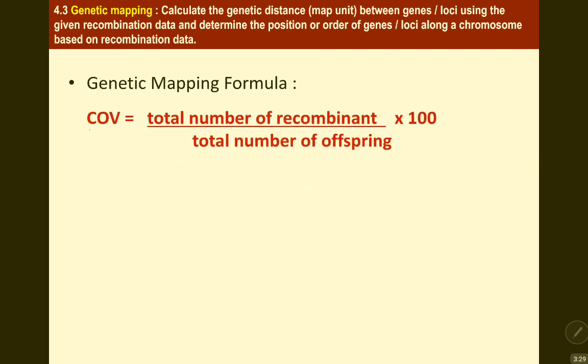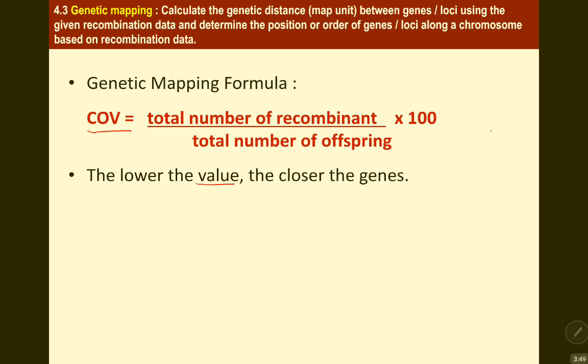COV, crossover value, equals the total number of recombinants divided by the total number of offspring times 100. So when the value of COV is lower, it means the genes are closer to each other, like the diagram just now.